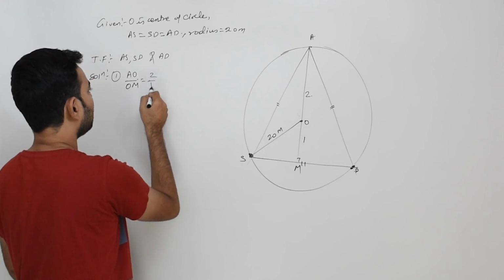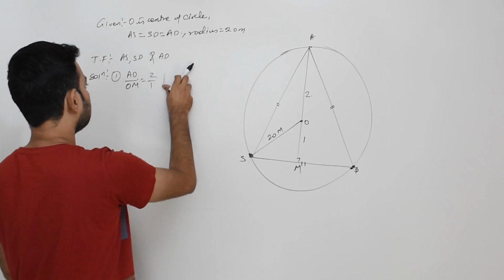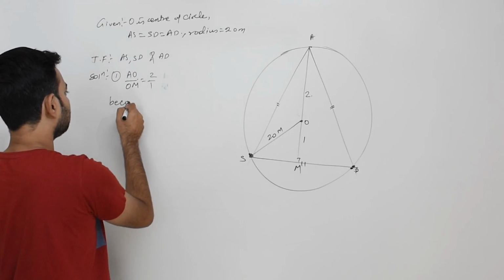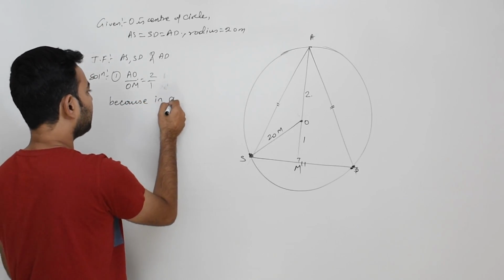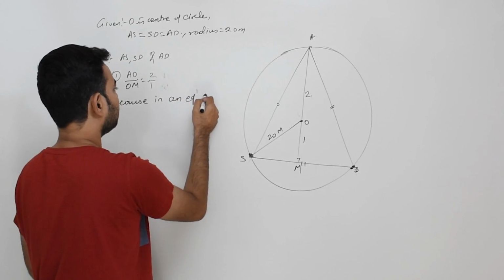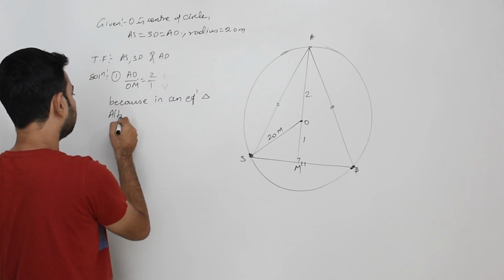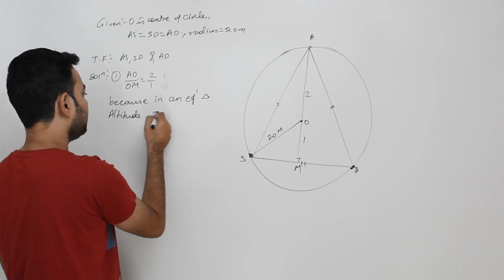This is 2:1 because in an equilateral triangle the altitude is a median.